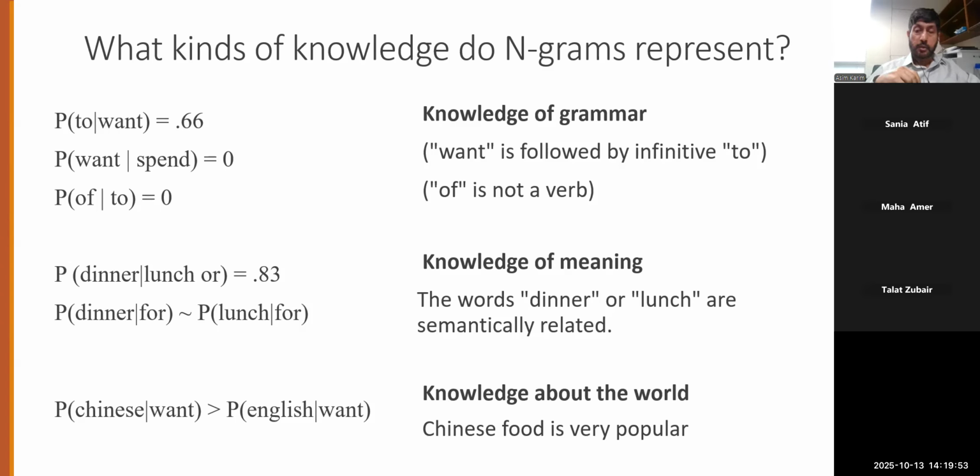Secondly, it tells us about the world, or actually the domain that we are modeling. In this case it was the Berkeley restaurant database. It's about people conveying their expressions about restaurants in the Berkeley area. It tells about how interesting a particular food type is: eat Chinese, eat English food, breakfast, and so on.